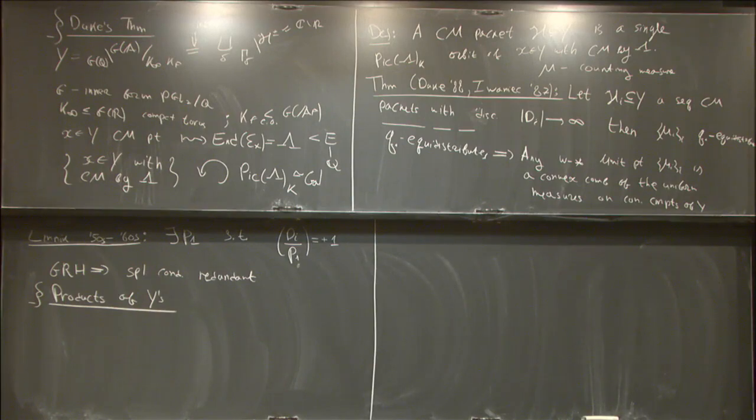So maybe I'll write it here so I have it for later. So I'm talking about products of Y's, and we have here a conjecture, which is going to remain unproved today. This is the conjecture of Michel and Venkatesh.